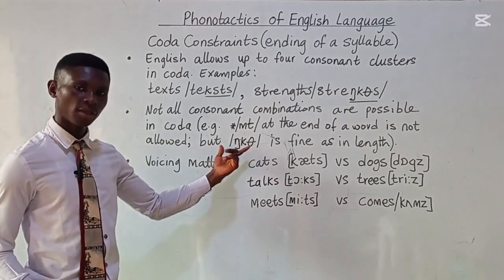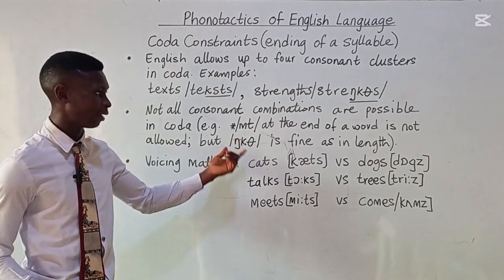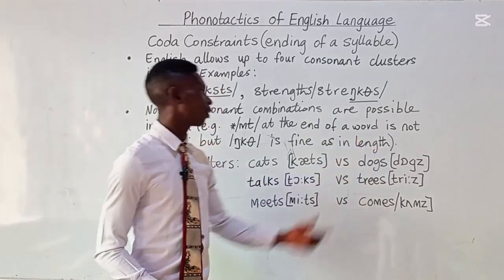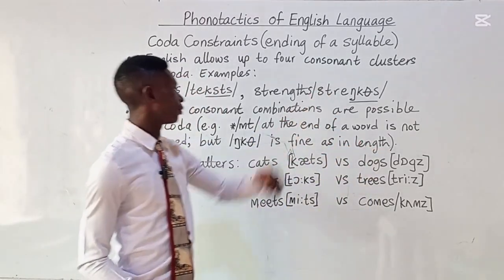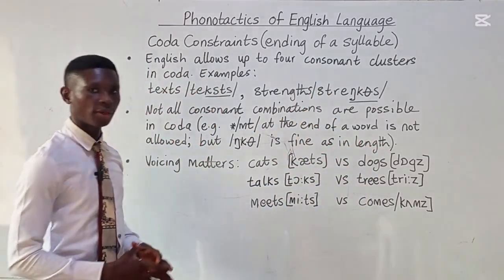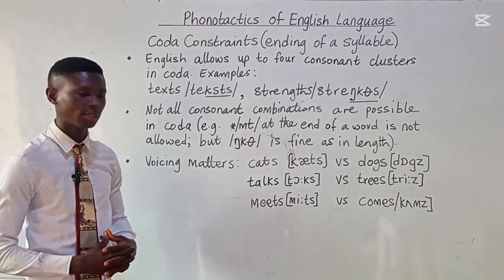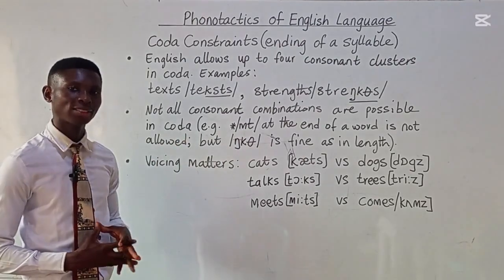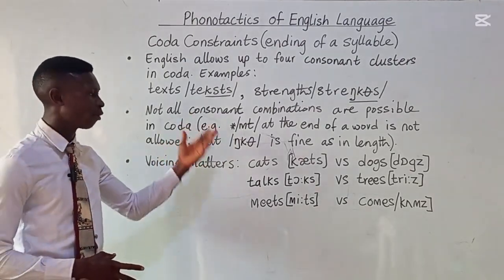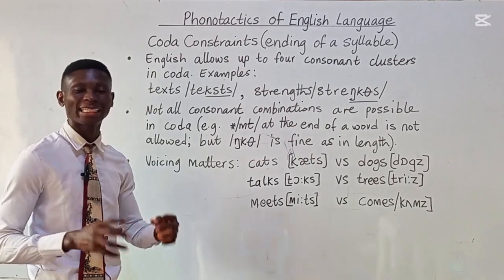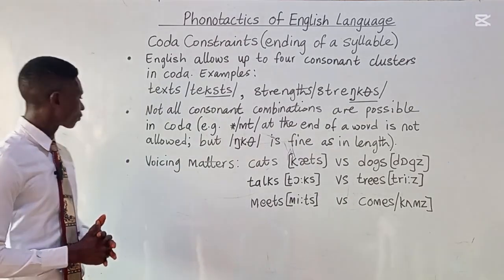We can have these 3 as a consonant cluster in a word like length, strength. We can have it there, but we cannot have this one and many other combinations. So it is important to also consider the ones that are possible and the consonants that cannot cluster.